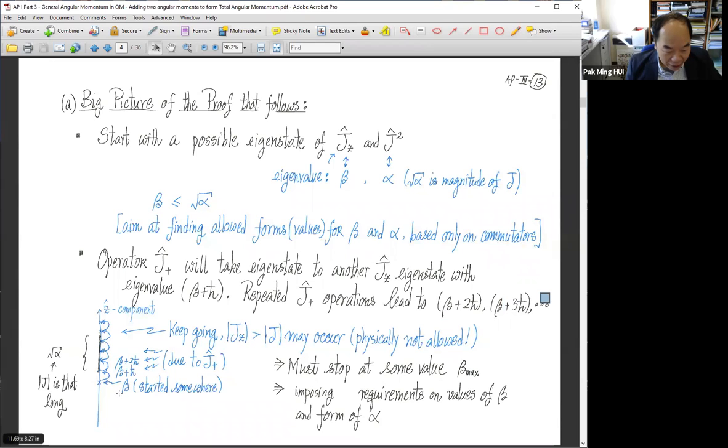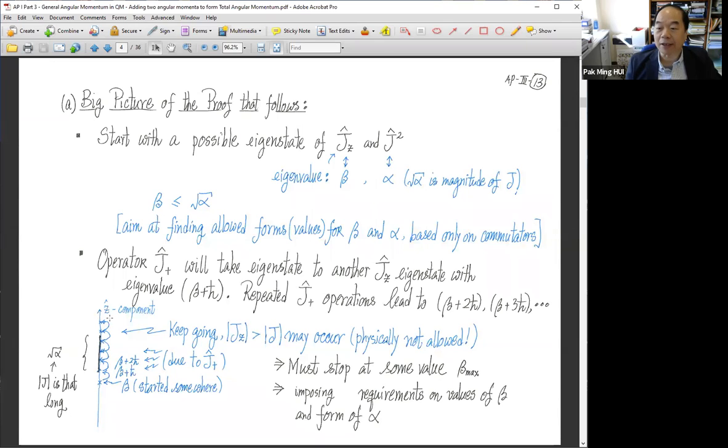So pictorially, if I start here with an eigenvalue of Jz that is beta, operate J plus on it, the result is to take the eigenstate higher and higher, see my cross, and higher and higher, and keep on going.